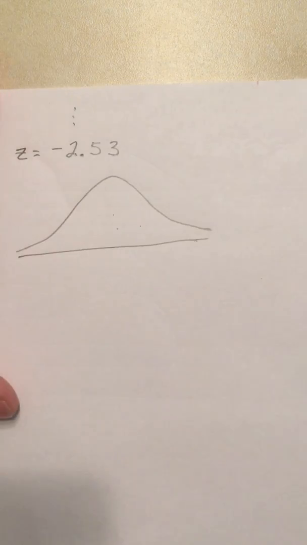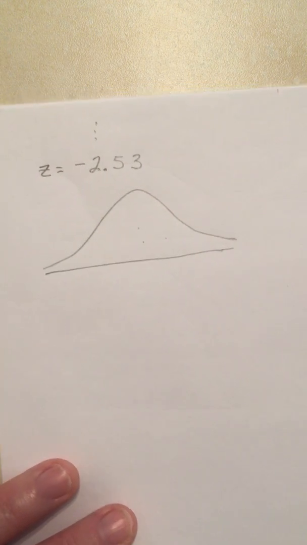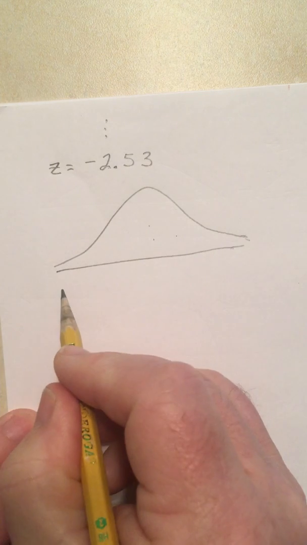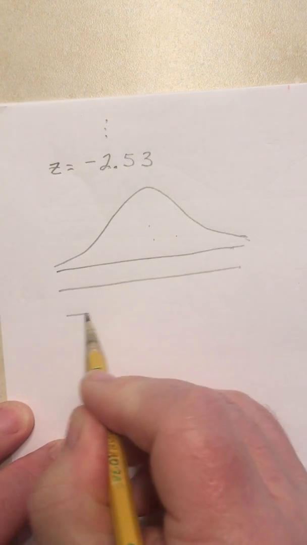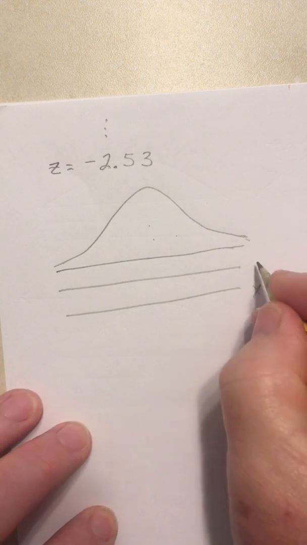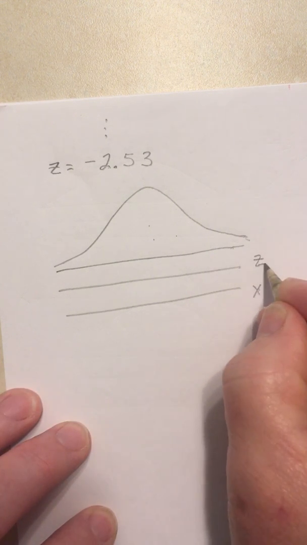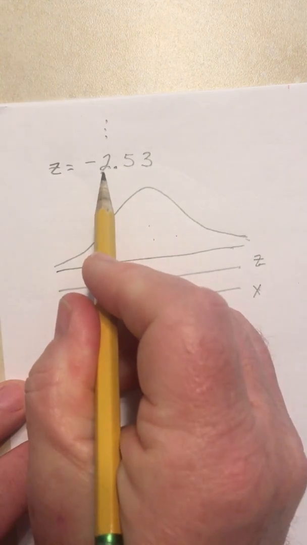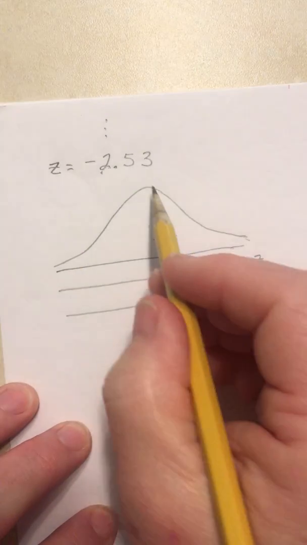So, let's suppose that our z-score is, again, negative 2.53. We draw our normal curve. Two number lines below. The lower number line is the x, or the data scale. The upper number line is the z, the standard scale. Z is the scale upon which we're going to put this negative 2.53.